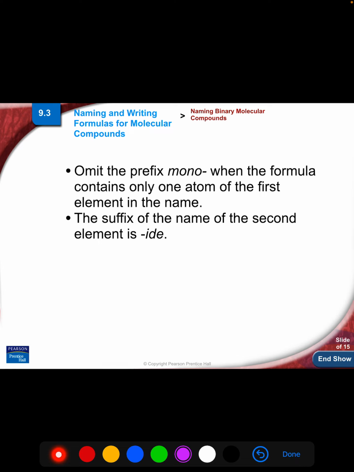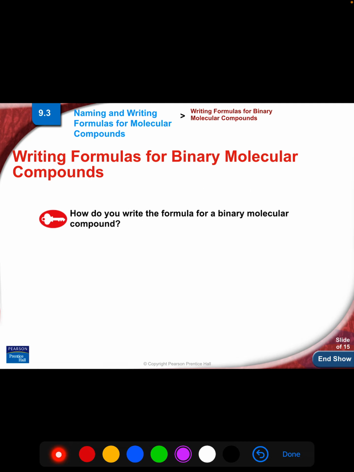The same way we changed the suffix of negative ions, anions, to -ide. For example, changing chlorine to chloride when it becomes the Cl minus anion. So we'll practice a couple things and then go straight to our assignment.